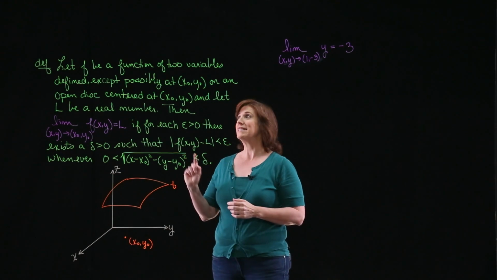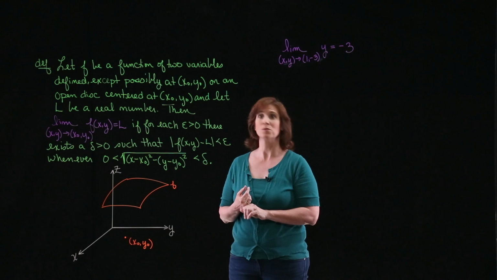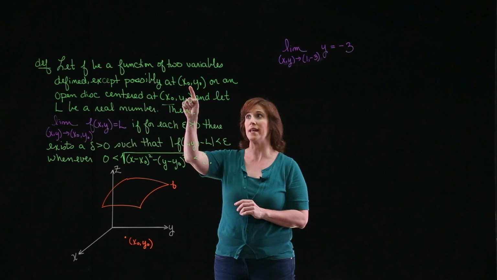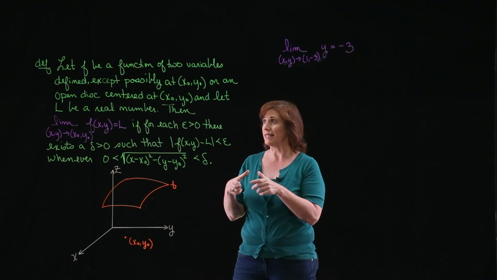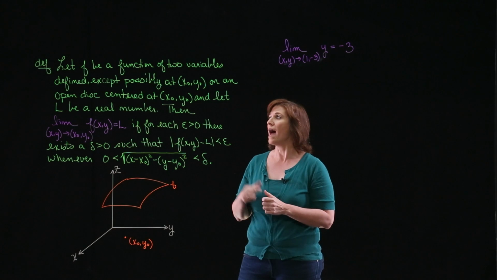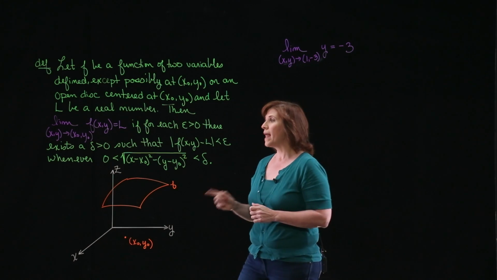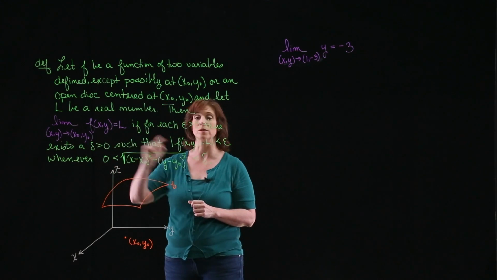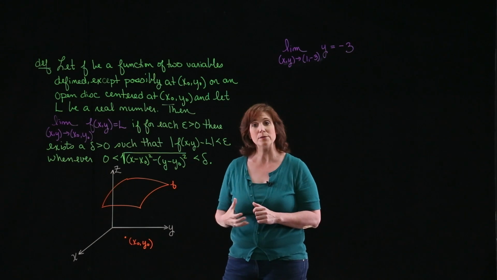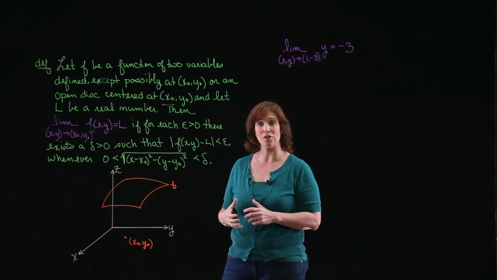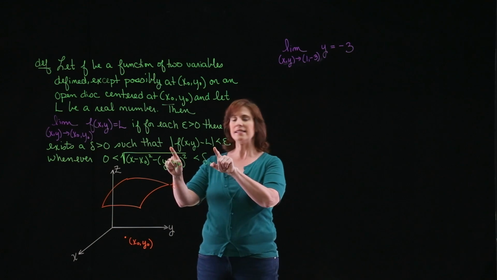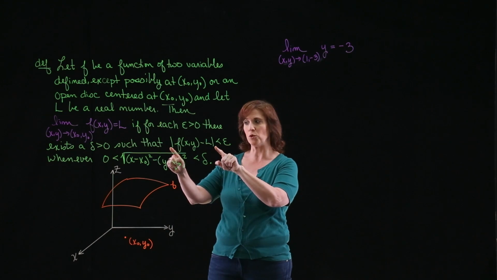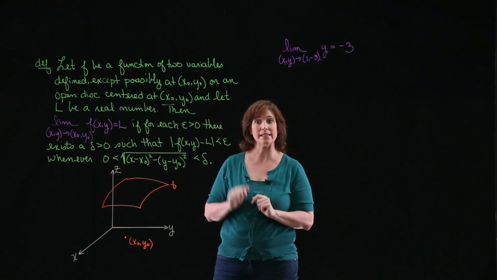The definition of a limit states that if you have a function of two variables, which is what we're dealing with, and it's defined everywhere except possibly at a given point (x0, y0), on an open disk centered at (x0, y0), and we let L be a real number, then the limit as (x, y) approaches (x0, y0) of my function equals L if for every epsilon greater than 0, we can find a delta greater than 0, such that the absolute value of f(x, y) minus L, think of this as the distance between my function and its limit, is less than epsilon.